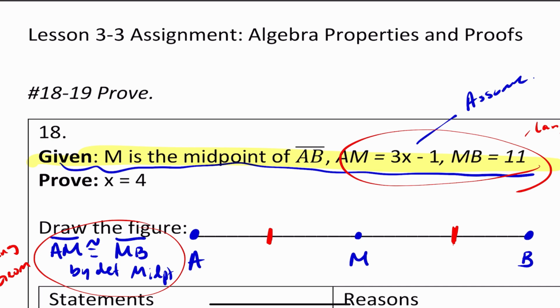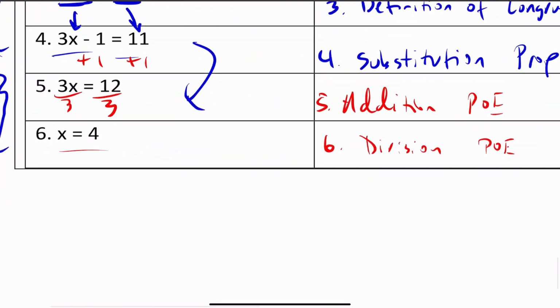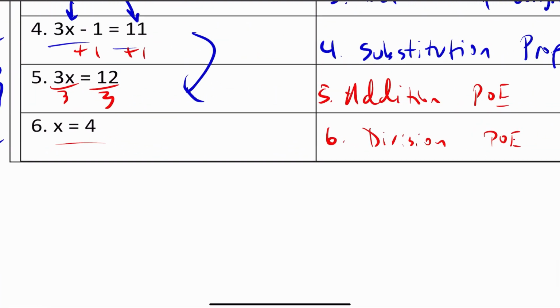Well, if M is the midpoint of segment AB, then segment AM is congruent to segment MB by the definition of midpoint. And I can see that this is also given, so that means I'm going to start setting things up where I go from the language of geometry to the language of algebra, and then use the substitution property, and then we got to this part, where we are just doing regular algebra, okay?